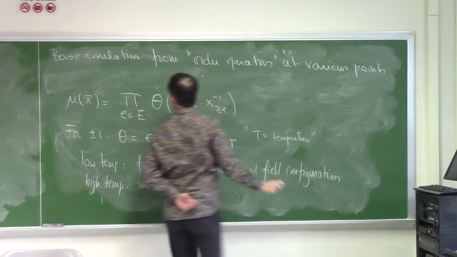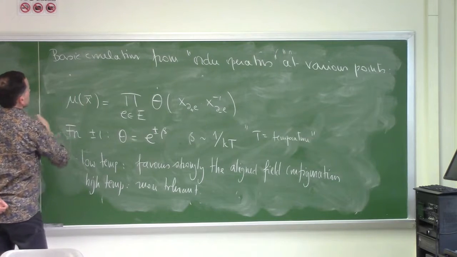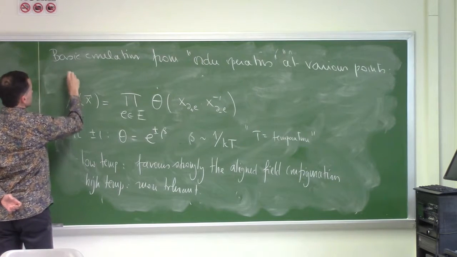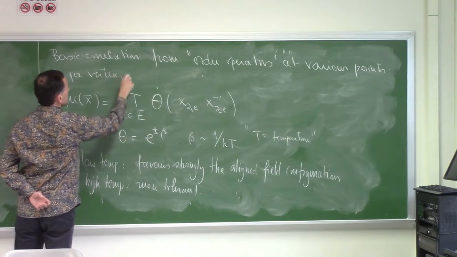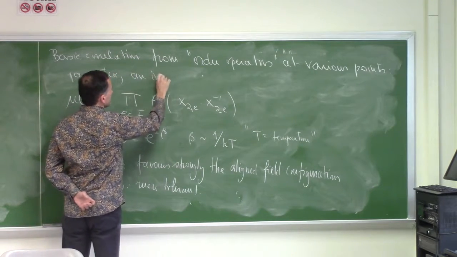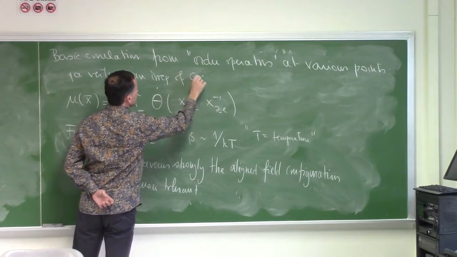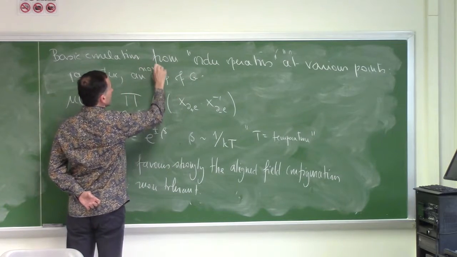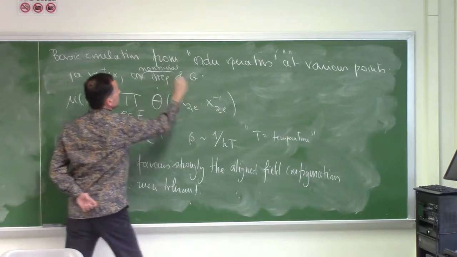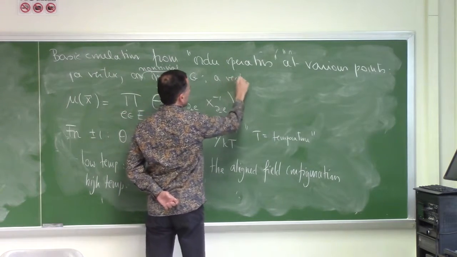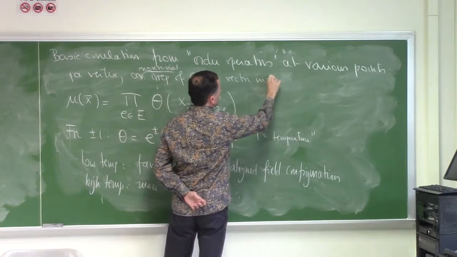What's an order operator? It's a choice of a point, so just a vertex, a nontrivial character of G, and a vector inside.